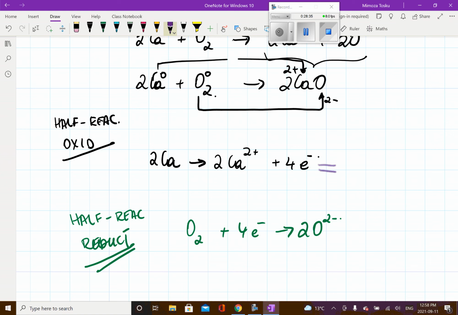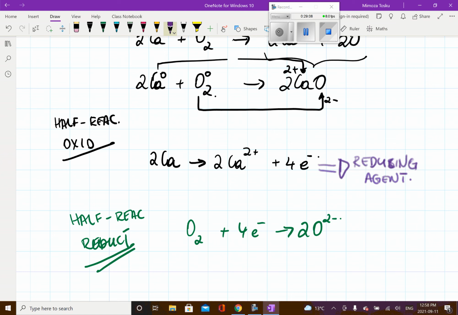So it is oxidized, but it is a reducing agent, because through oxidation it is becoming a way to reduce the oxygen. Okay, so this is the logic that stands behind it.